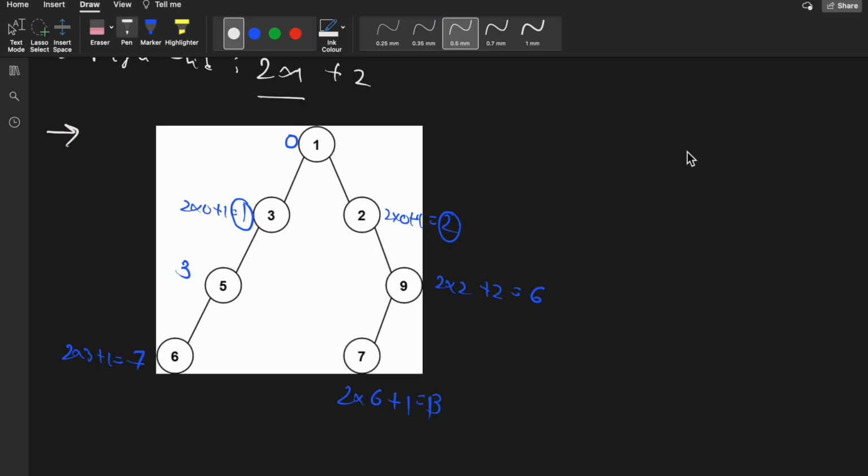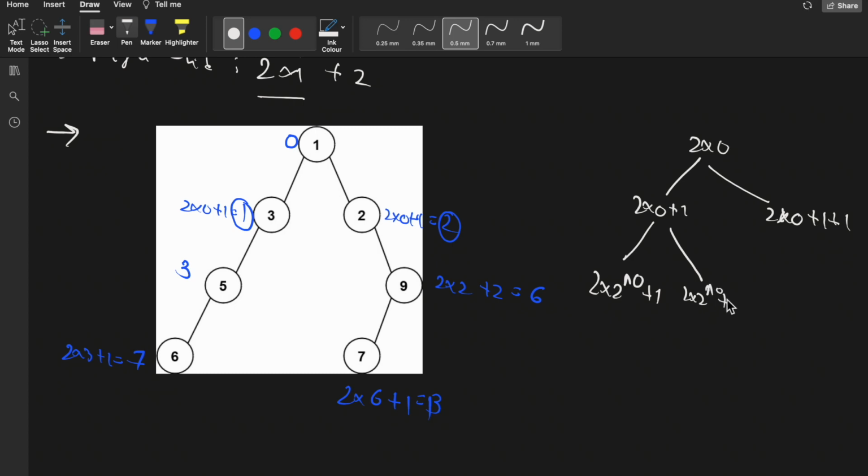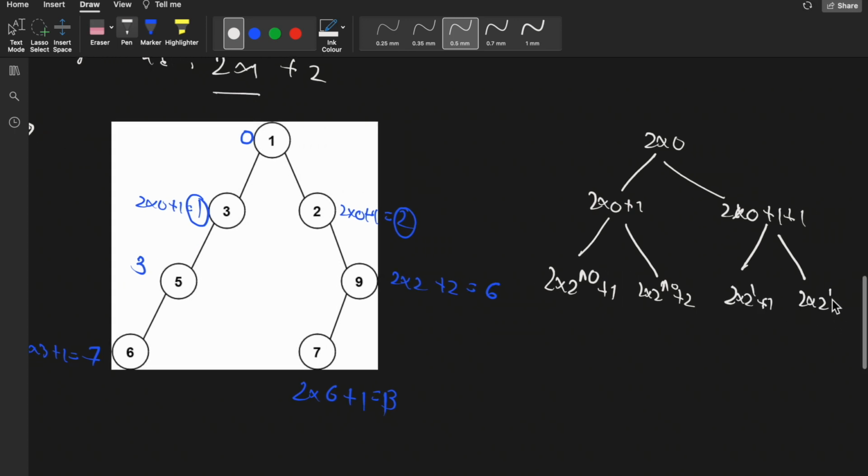So guys, if I tell you that we can represent all the numbers that we are numbering here in the form of 2 into 0, then 2 into 0 plus 1, 2 into 0 plus 1 plus 1, then here also 2 into 2 power 0 plus 1, so this is nothing but 3, and similarly 2 into 2 power 0 plus 2, and here also 2 into 2 power 1 plus 1, 2 into 2 power 1 plus 2, so this is nothing but 6, right?